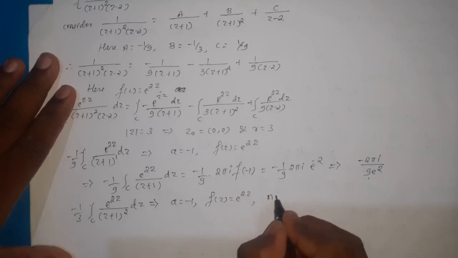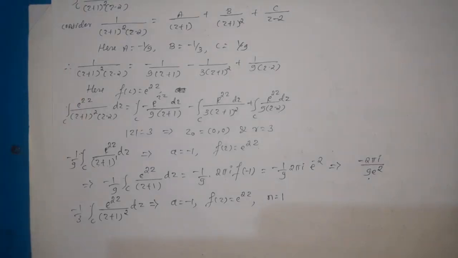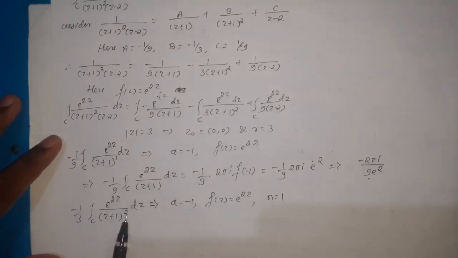Here we are going to find the value of n, because it is of the form f of z divided by (z minus a) whole power n plus 1. Whenever the power of z minus a is greater than 1, we use Cauchy's integral formula for derivatives. Here the power of z plus 1 is 2, meaning n plus 1 equal to 2, which implies n equal to 1.